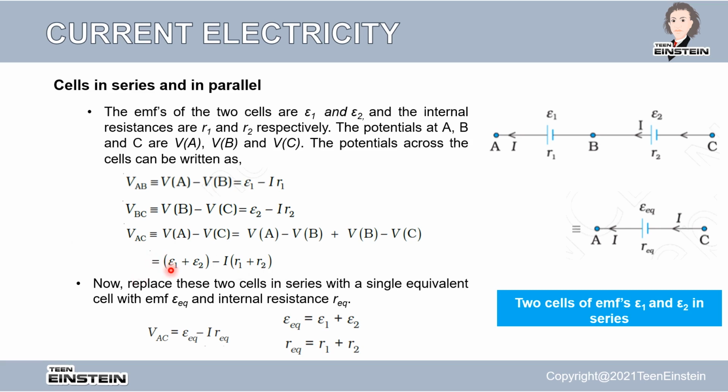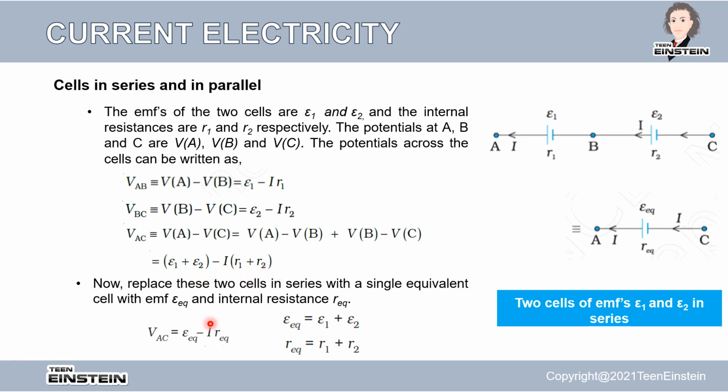Now we get V of AC equals epsilon 1 plus epsilon 2 minus I multiplied by r1 plus r2. So if you look at this equation, this is similar to V equals epsilon minus Ir. But in this case, instead of epsilon, you have epsilon 1 plus epsilon 2, and instead of r, you have r1 plus r2.